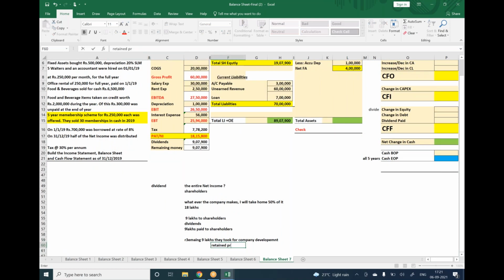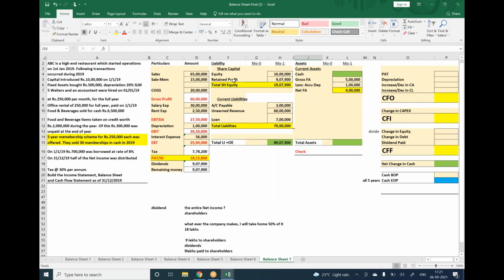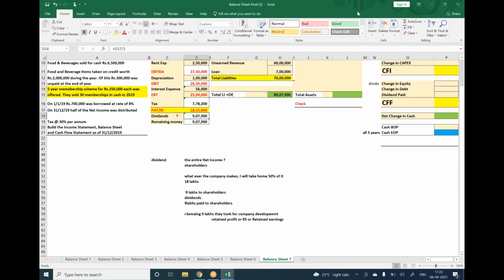So retained profit or RS, reserves and surpluses, or retained earnings. That is what I have done. Retained profit 50% I have taken to my balance sheet, whereas the dividends 9 lakh I have paid to the shareholders. Is this clear? Yes, sir.